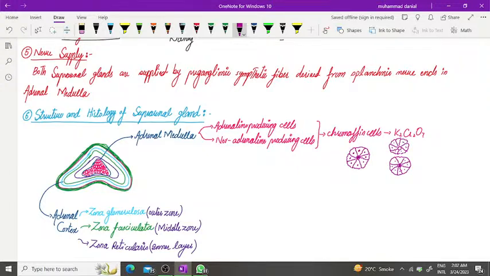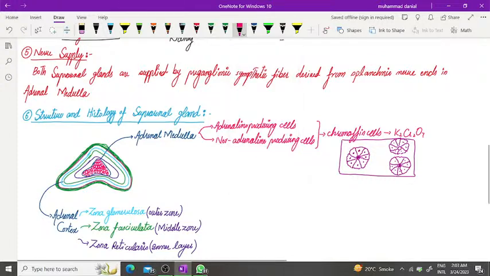So these are chromaffin cells. So this is all about the adrenal medulla.